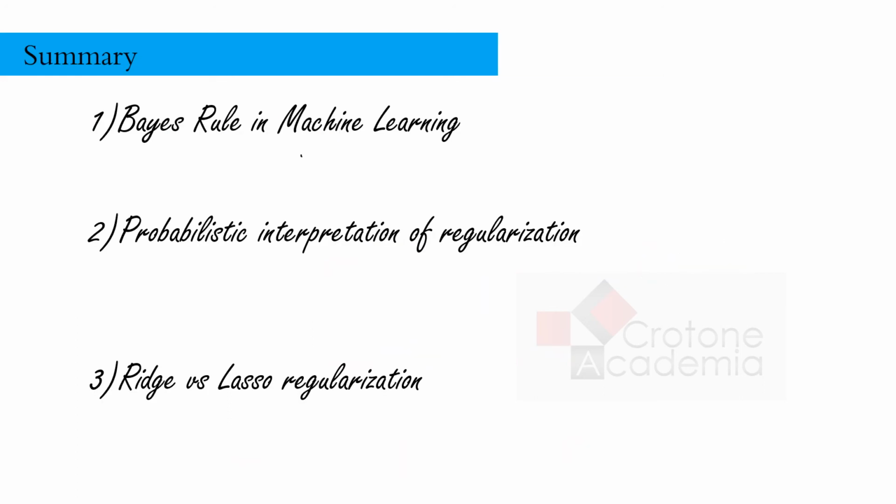Let's recap what we discussed in this lesson. First, we gave the Bayes rule in machine learning. According to the Bayes rule, we can write the probability of a set of weights given a new set of observations as the multiplication of the likelihood function into the prior knowledge of those weights, that is P(w), or the prior, divided by the probability of observations.